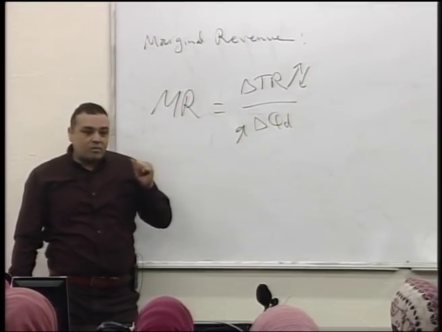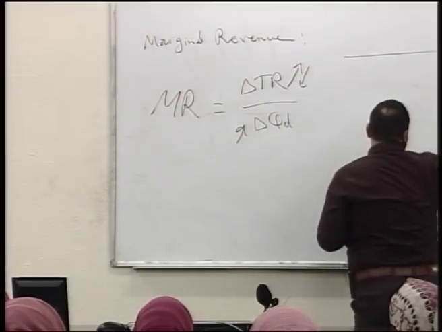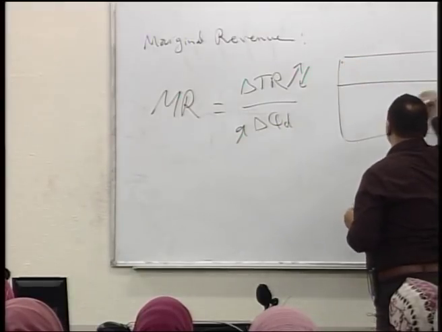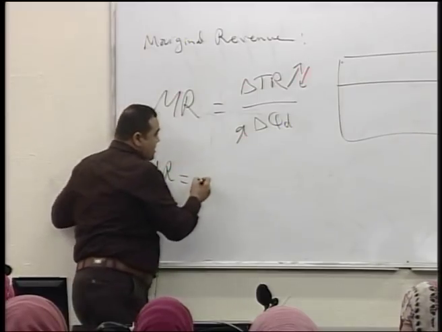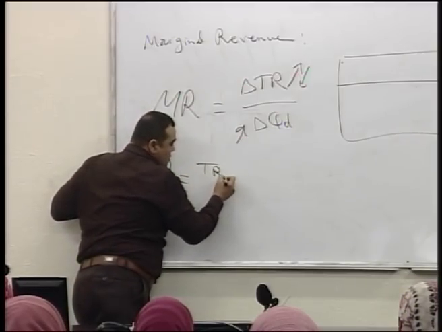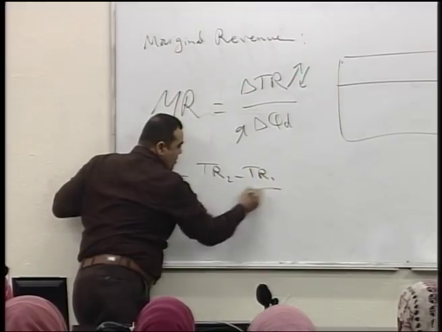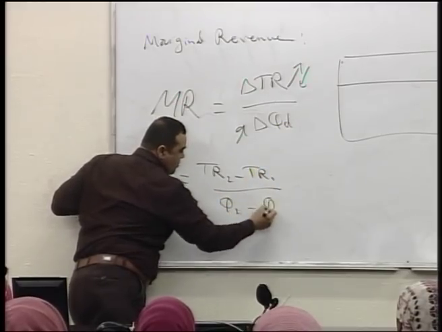If we come back quickly to the last example, MR, marginal revenue, equals total revenue 2 minus total revenue 1 over Q2 minus Q1.